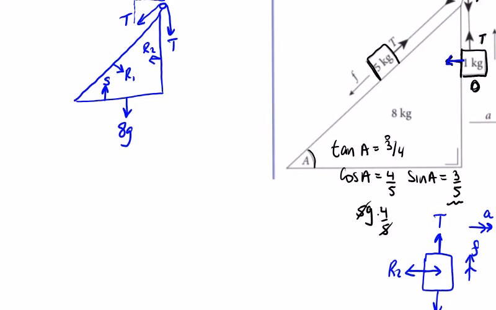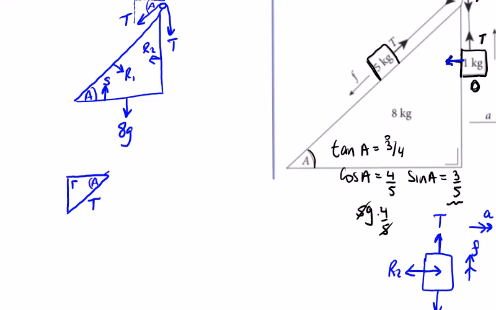So if we look at the individual components of this, if we look at this top part here with my T's, so I have T going down in this direction, and I have a right angle triangle, and T is my hypotenuse, similar to working out your accelerations and your R's. We have the angle A from down below, which you can see the alternate angle to A will be here.